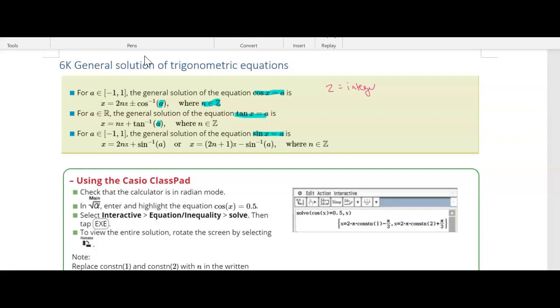Each one is different, but you'll notice your value of a always substitutes in. So for cos, we've got 2n pi plus minus. For tan, we've got n pi plus. And for sine, we've got 2n pi plus. And that all relates to the unit circle and where sine, cos, and tan are positive and negative, etc.